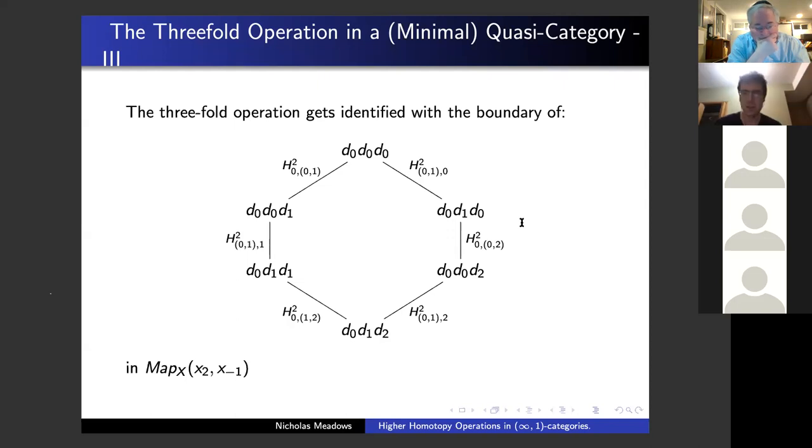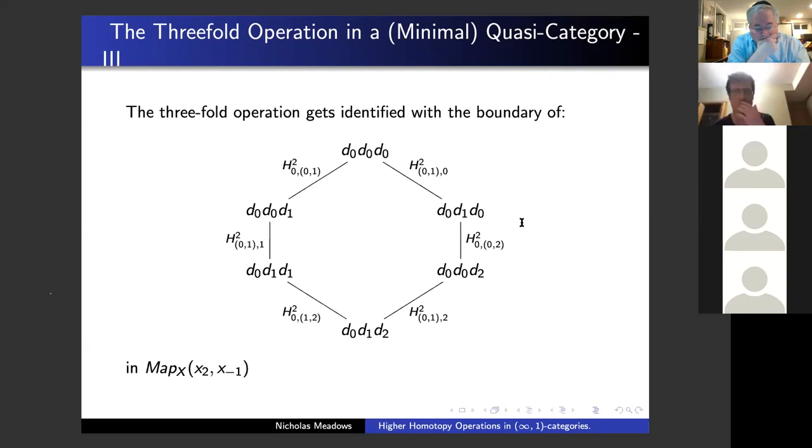One important comment is that when we first defined our type 2 operation, or our Toda bracket for that matter, we made some choice of homotopies between various composites. But this does not really make sense in the quasi-category world.